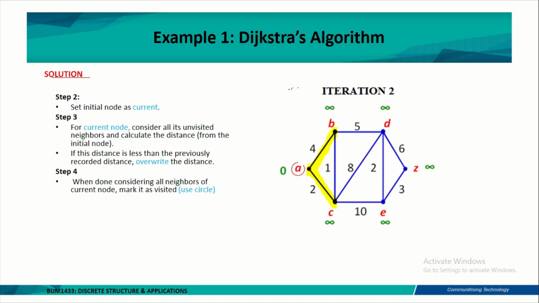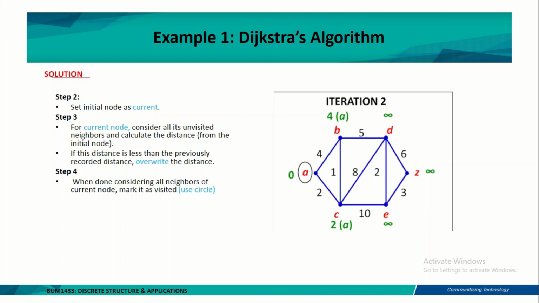We have A here with a path value of 0, and the value of the edge A to B is 4.